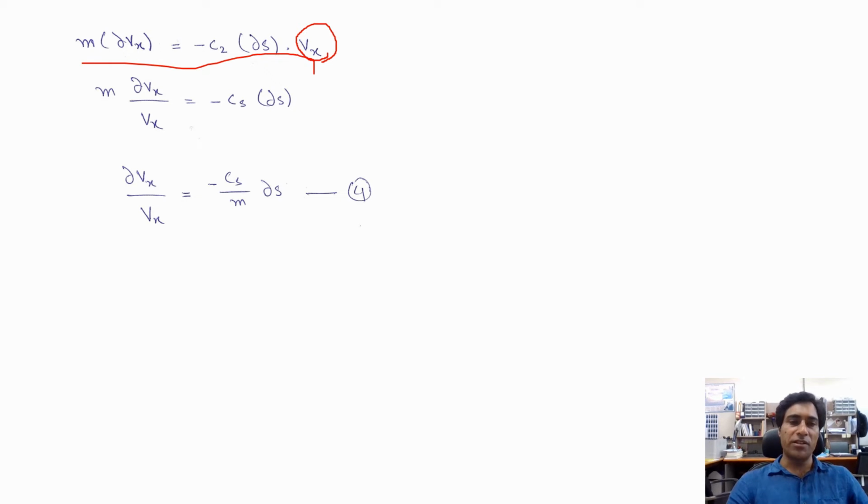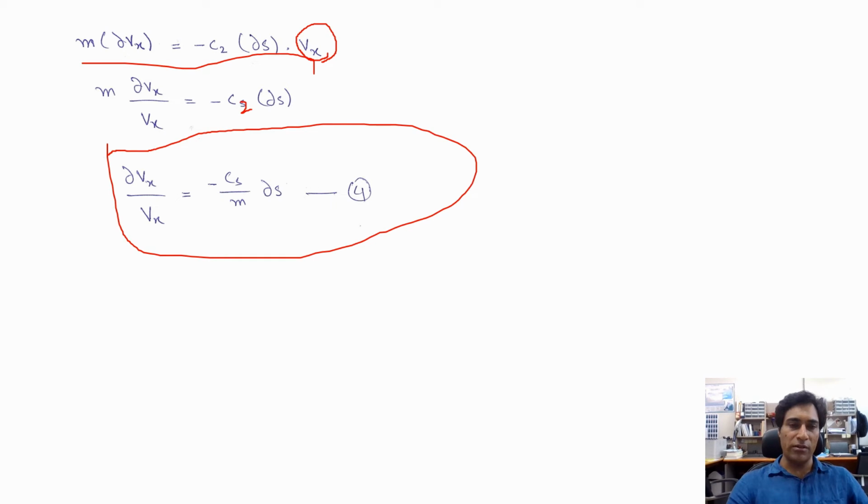So m dvx over vx is equal to minus c2 ds. This is c2, not cs. We will take this m to the right hand side, so this is the more simplified equation. This is equation 4.